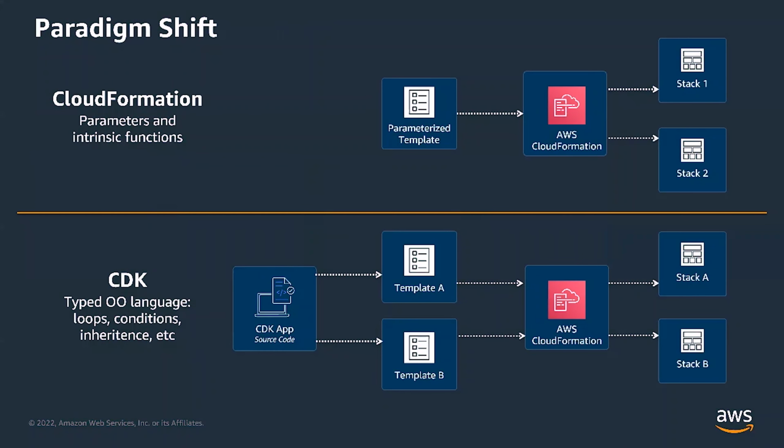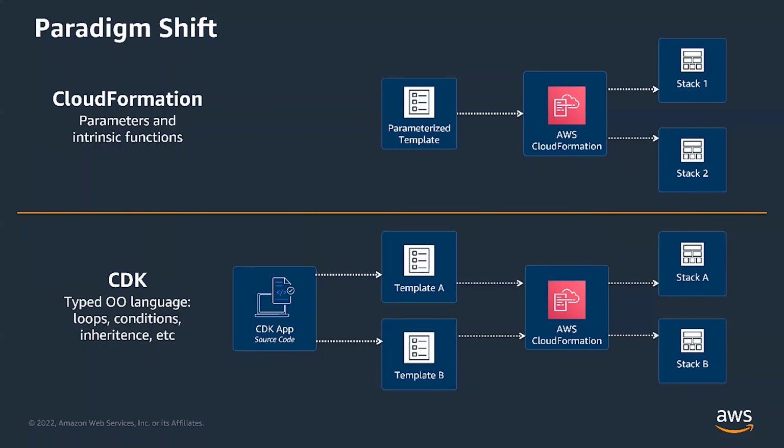As you can see, there is a paradigm shift because you are not working the same way that you would with CloudFormation. With CloudFormation, you will have, for example, one big template, maybe with some nested stacks, but you're going to have maybe one big template with lots of parameters to deploy your environments. So for example, your development environments, your staging environments, your production environments.